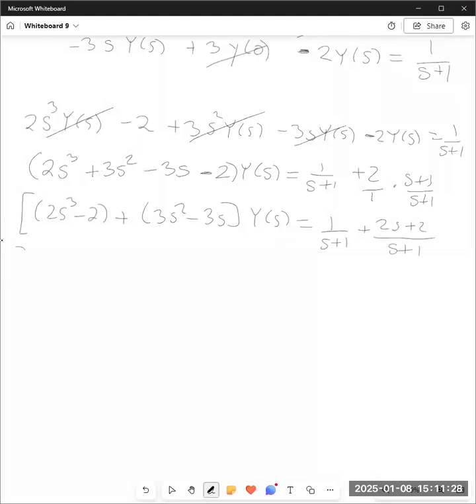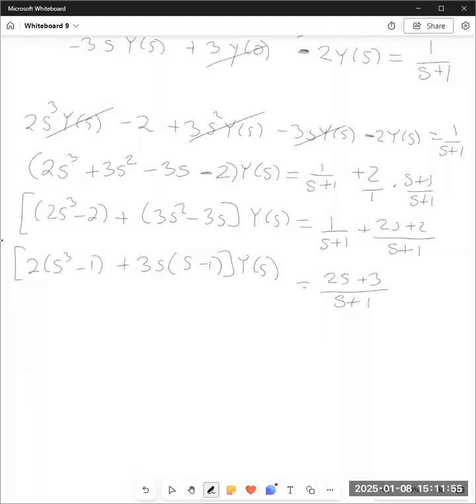This is going to be 2 times s cubed minus 1 plus 3s times s minus 1 capital Y of s is equal to 2s plus 3 over s plus 1.